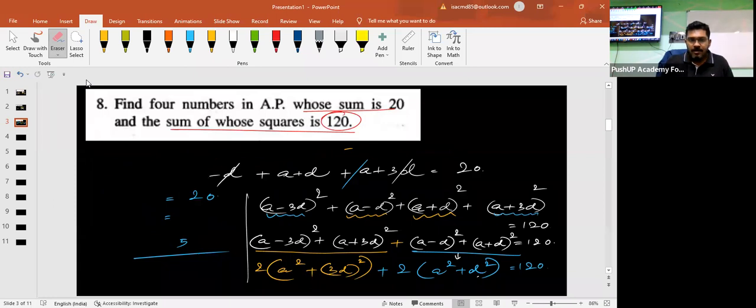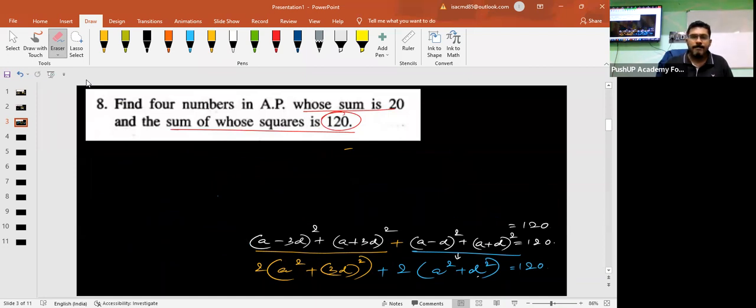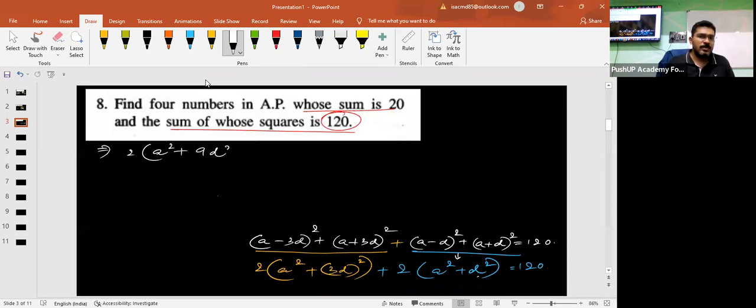Fine. Let's continue. So 2 times (a square plus (3d) the whole square). So 2 times a square plus, what is (3d) the whole square? 9d square. Put the plus sign: 2 times (a square plus d square) is equal to 120.